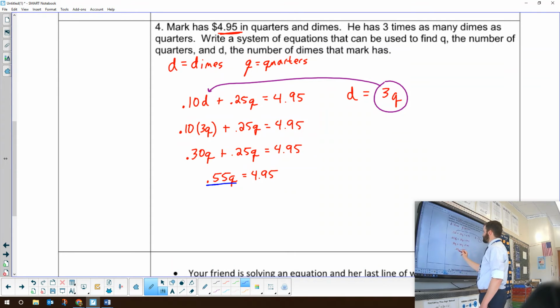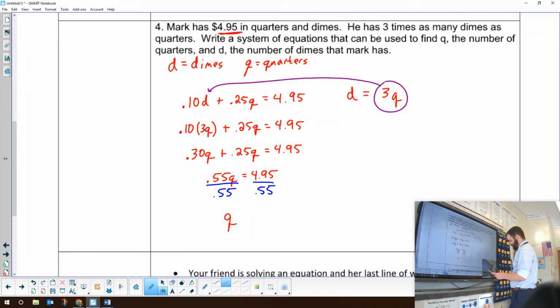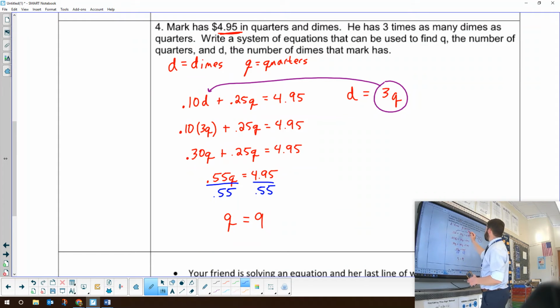And then divide both sides by 0.55, and we end up with, how many quarters do I have? I end up with 9 quarters. It's kind of symmetrical there, isn't it? Okay, so I have 9 quarters, but once again, it's asking me for the number of dimes.